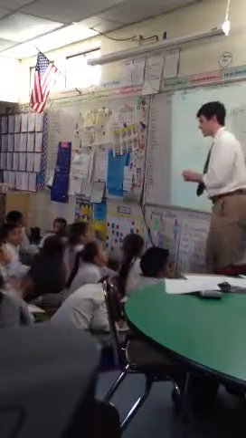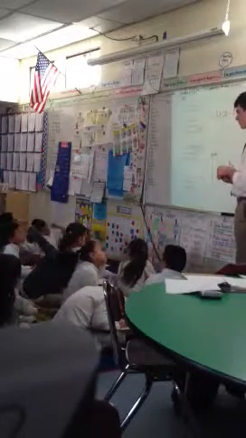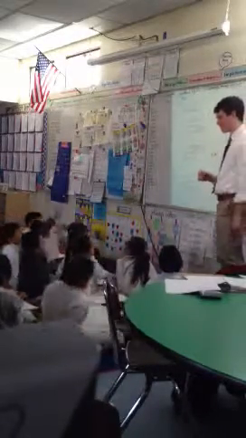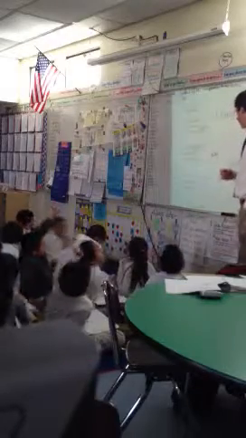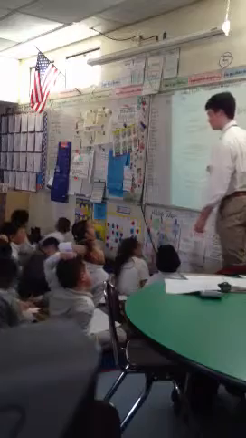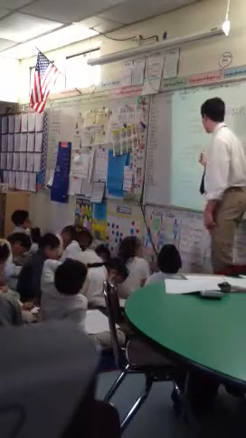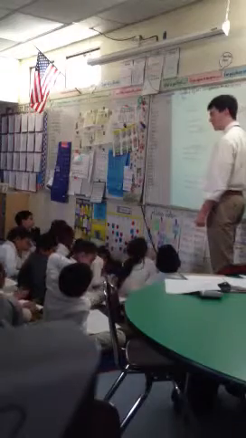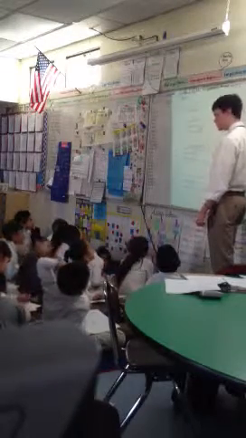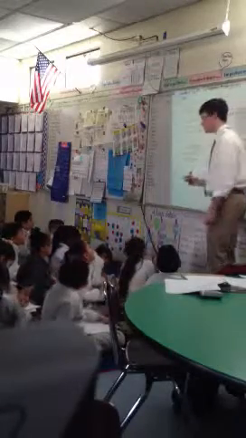Alright. So, what now? What should we do now? What's our plus or minus? Minus. Alright, now we're going to count up from what? $3.20 to $4.